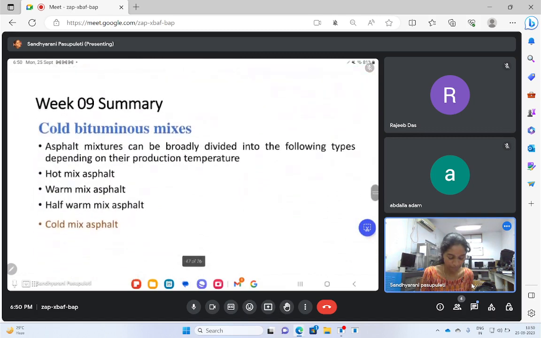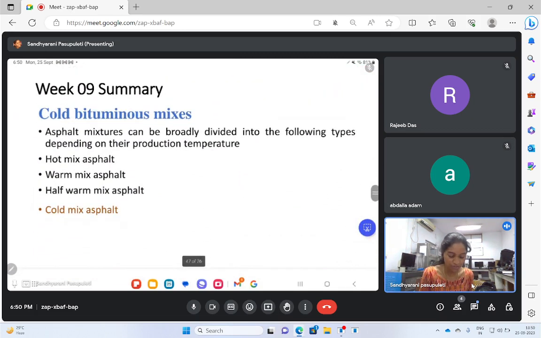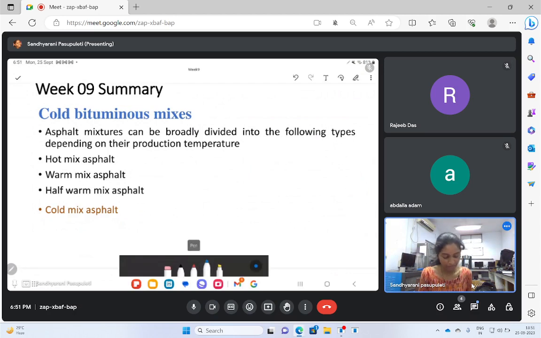And in addition to wrap, another concept that has been discussed is cold bituminous mixes. As we have discussed in the previous lectures, the warm mixes. So in hot mixes, we actually heat the bitumen more than 150 degrees. That corresponds to the mixing temperature, let us say.